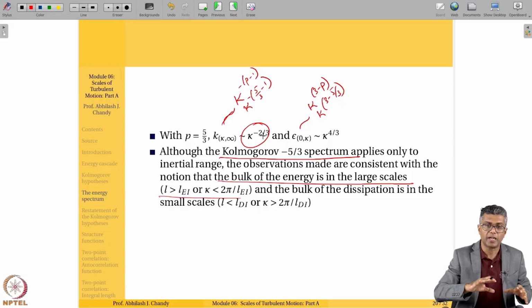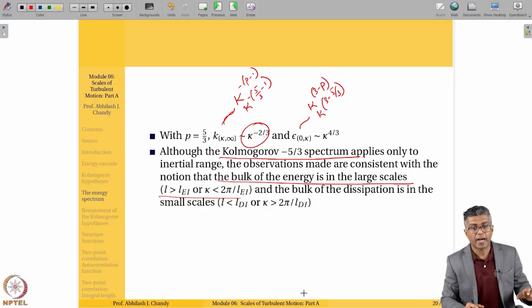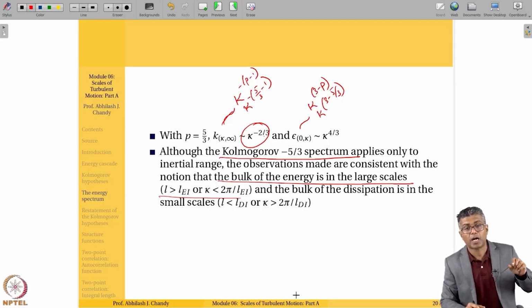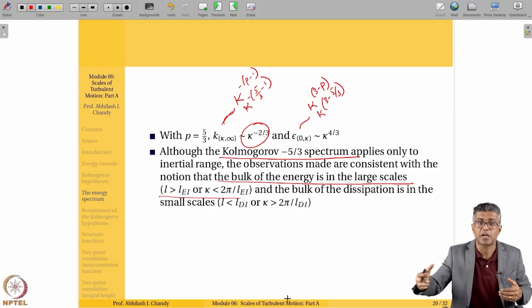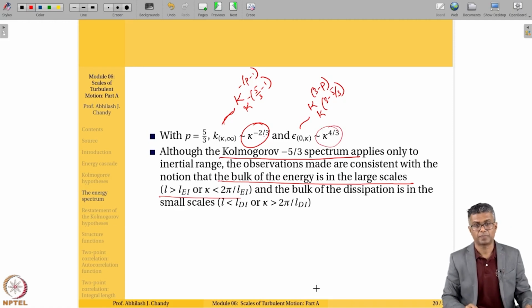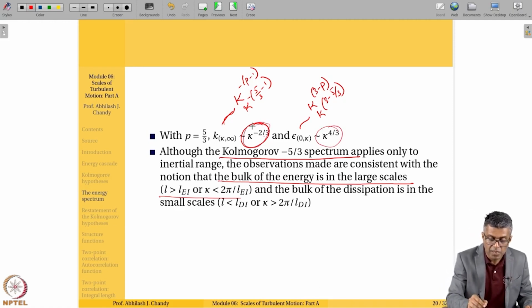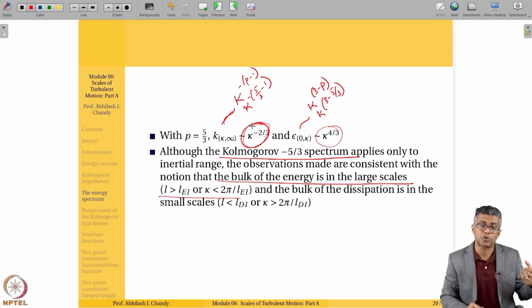So most of the energy is coming from the large scales because it is kappa to the minus 2/3, right? Whereas if you look at epsilon, it is dependent on kappa to the 4/3. So as the wave number is increasing, this number is getting larger. As the wave number is decreasing, the kappa to the minus 2/3 is getting smaller.